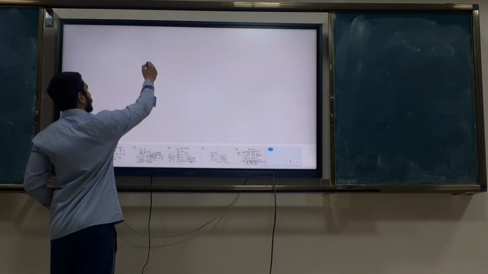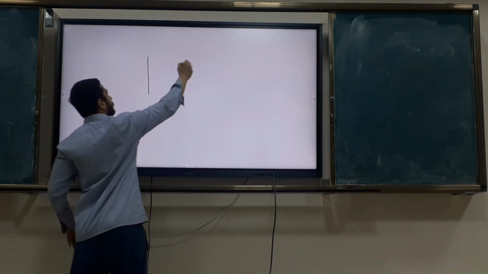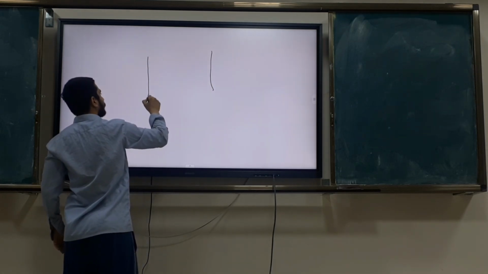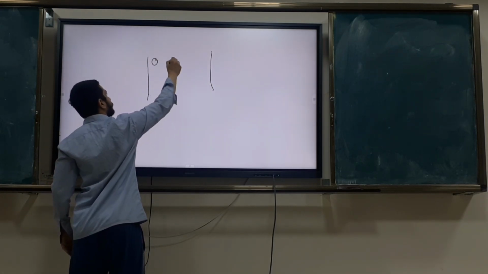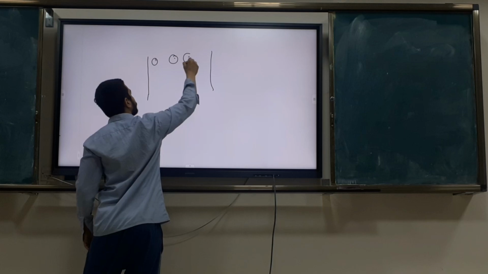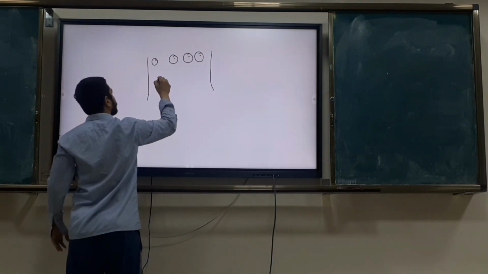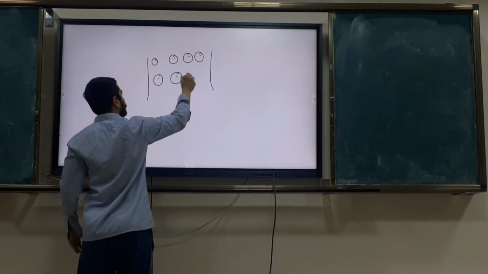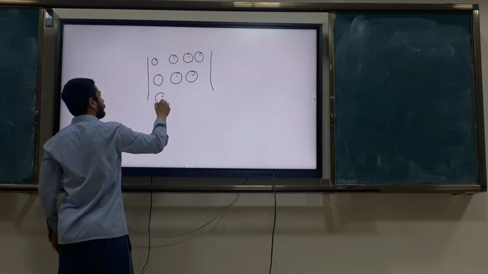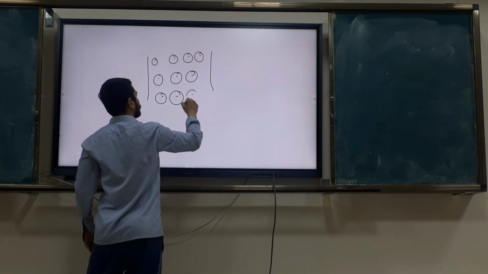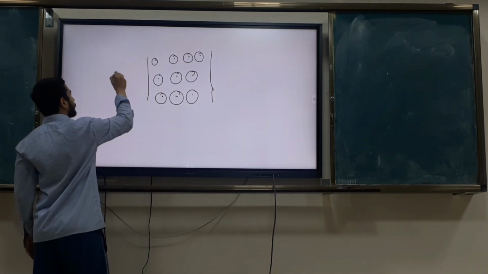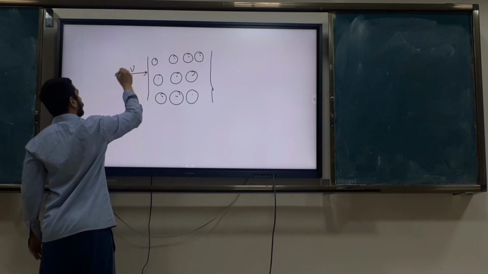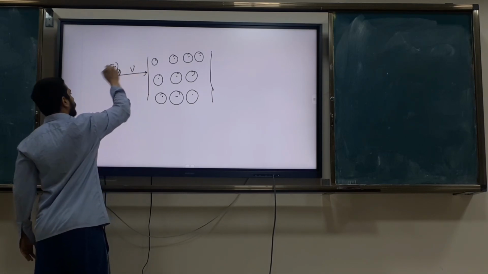Suppose this is the same compartment, but the magnetic field is outside. This dot symbol represents that the magnetic field is outside. Suppose this is the velocity v and the charge is q, and it is sent.